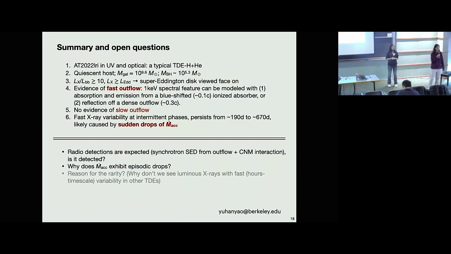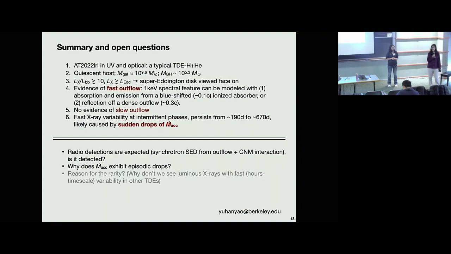I have a question. At the very beginning of your talk, you mentioned that probably we can use this super-Eddington accretion to explain the growth of the supermassive black hole. So my question is about the rate, like the TDE rate per galaxy for a 10 to the 6 solar mass supermassive black hole is 10 to the minus 4, 10 to the minus 5, something like that. And the Eddington accretion rate for the supermassive black hole is 10 to the minus 2 solar mass per year.